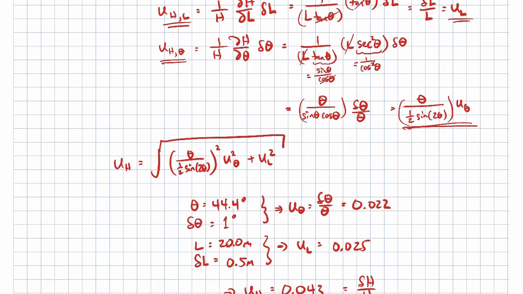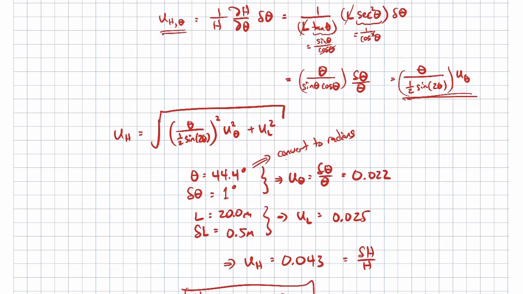So I should just make a note here: convert to radians. Generally, in any sort of calculation involving angles, you're just better off using radians rather than degrees. You're less likely to make mistakes that way. So I just want to point that out. When you're plugging in numbers into this highlighted bit there, you should definitely be using radians. And I actually did that when I calculated this uncertainty down here.